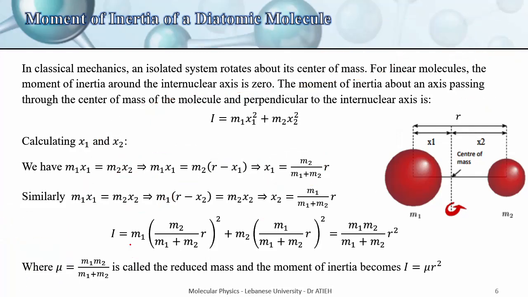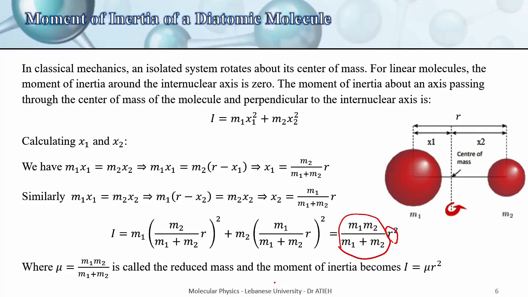If we take a look at this formula, I equals m1 m2 over m1 plus m2 times r squared, it is very close to the moment of inertia of a single particle rotating about an axis, where the mass is the mass of the particle and r is the distance from the axis of rotation.